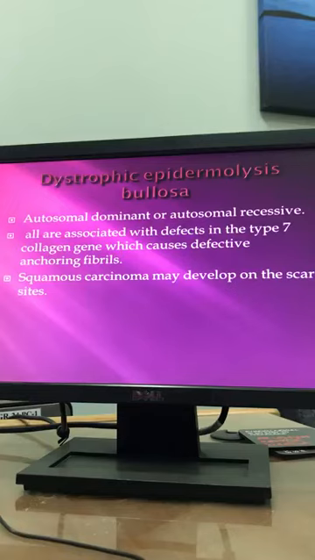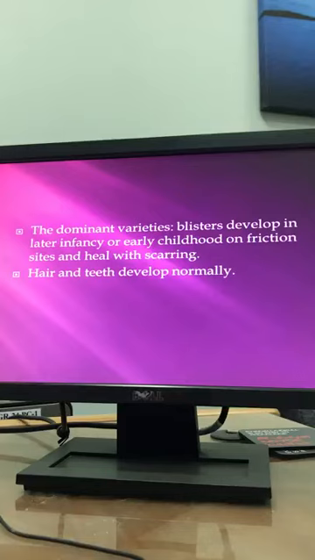The collagen 7 gene causes defects in the anchoring fibrils. And one of the most common complications is the development of squamous cell carcinoma in long-term non-healing scars.